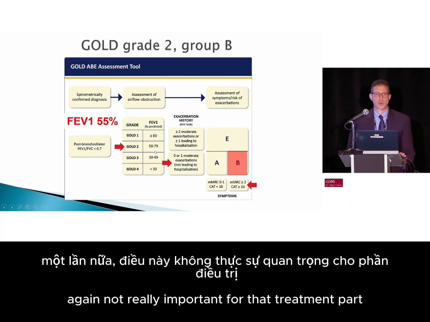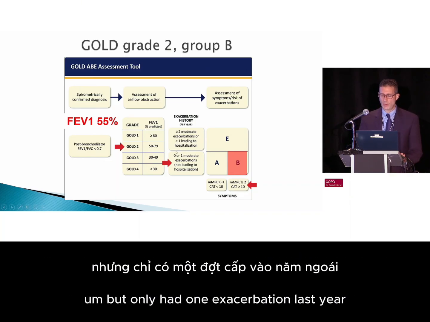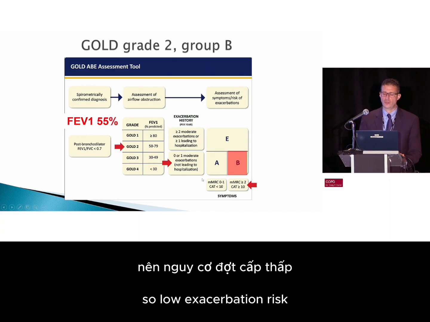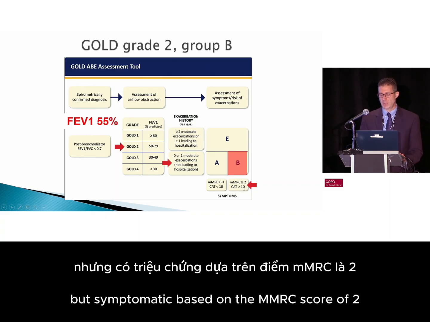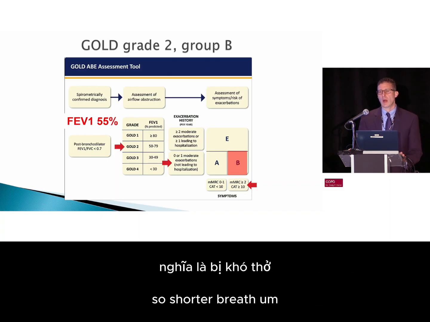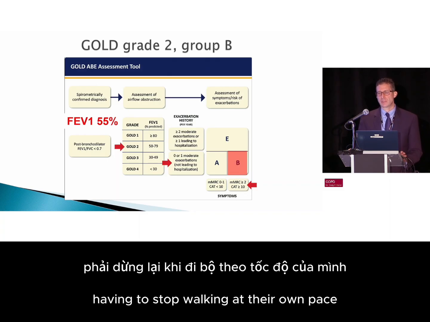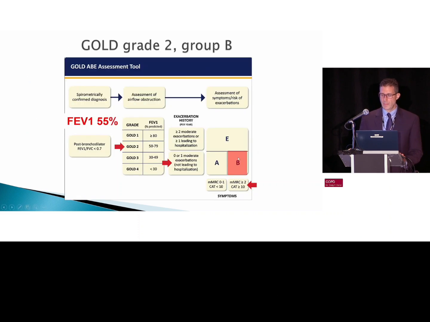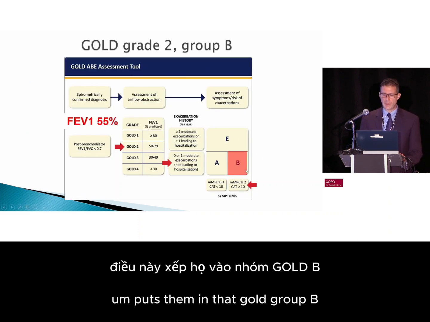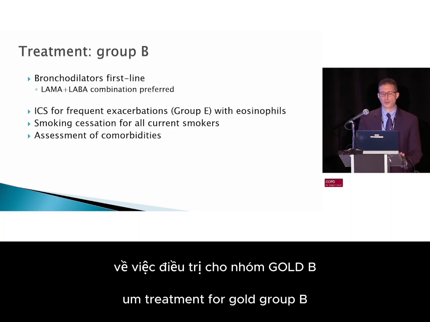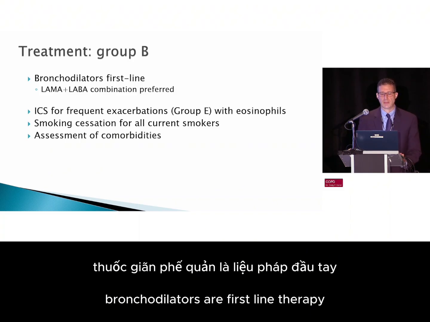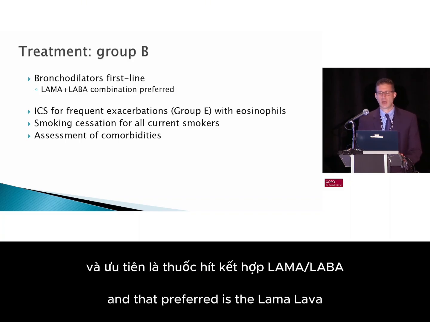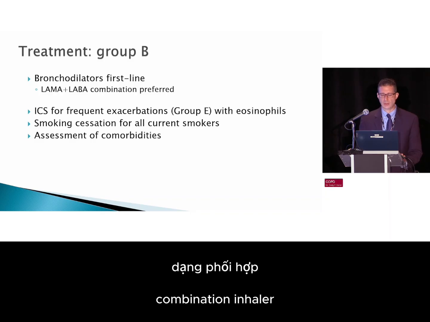Again, not really important for the treatment part, but he only had 1 exacerbation last year, so low exacerbation risk, but symptomatic based on the MMRC score of 2, so short of breath, having to stop walking at their own pace or walking slower than their peers, puts them in GOLD group B. Treatment for GOLD group B, bronchodilators are first-line therapy, and the preferred is the LAMA-LABA combination inhaler.